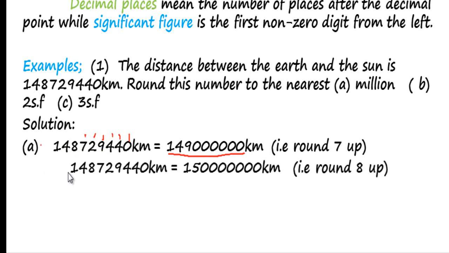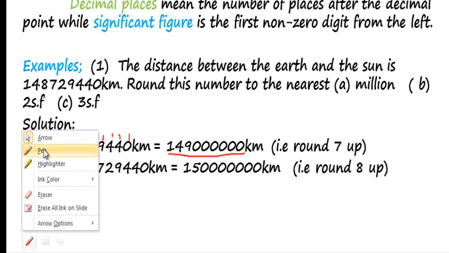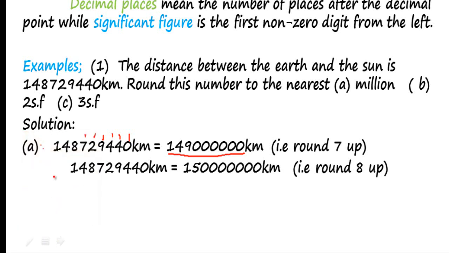Now you round it up to the nearest two significant figure. Now I want to tell you about two significant figure here. If it is significant figure, you are starting from the first non-zero digit.